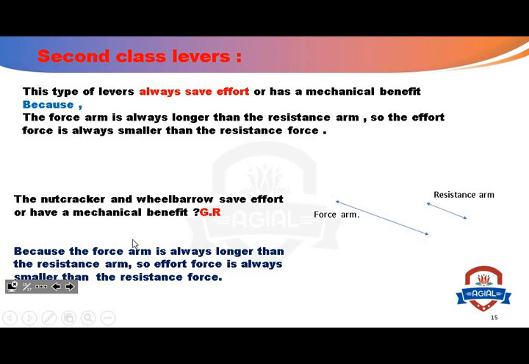All types of second class levers save effort.